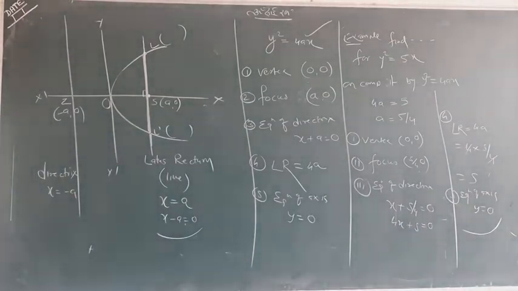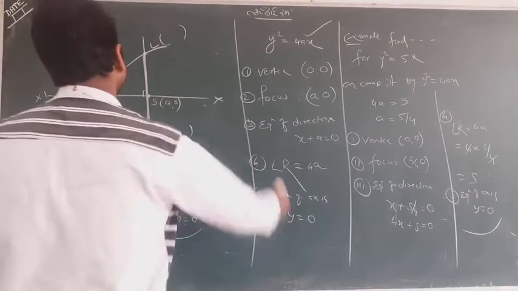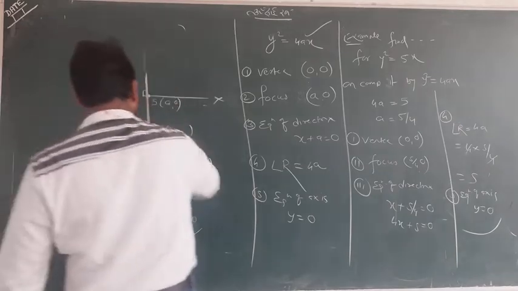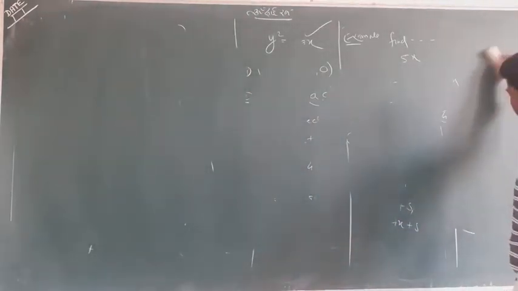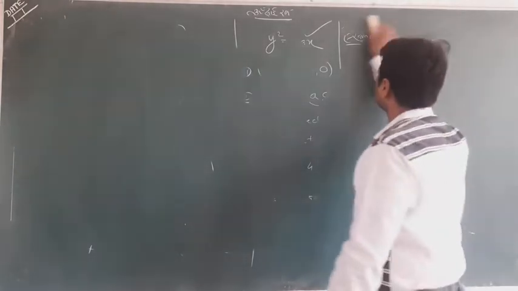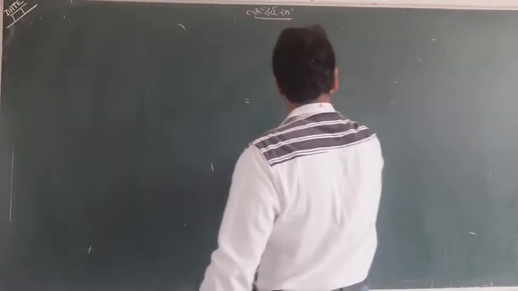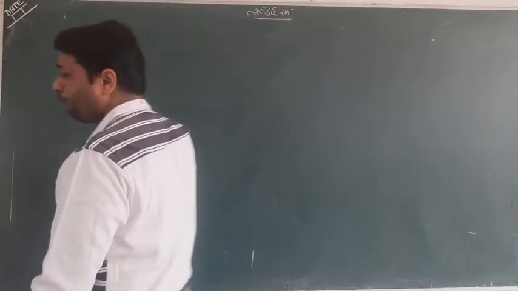It's very interesting. So let me rub this out. Now I will tell you a few other parabolas directly, because the one I have explained, I explained each and everything deeply. Now I will tell you the rest of the parabolas, second.